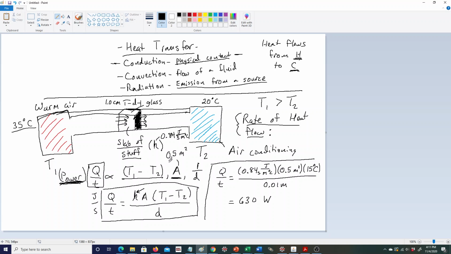And finally, the material itself. The material itself has what we call a K value, or a thermal conductivity value.